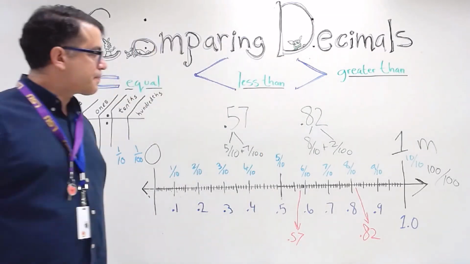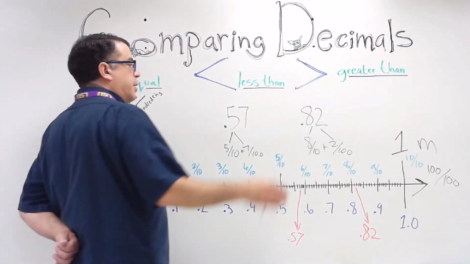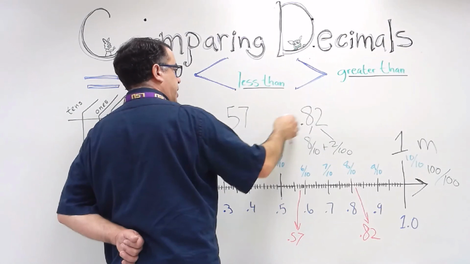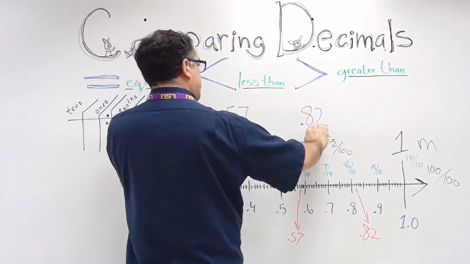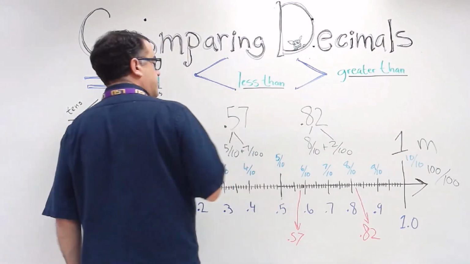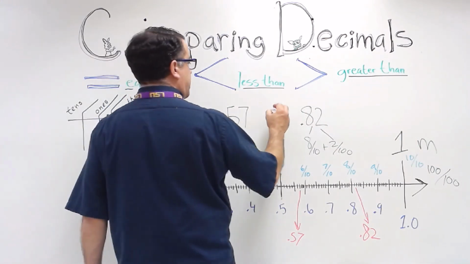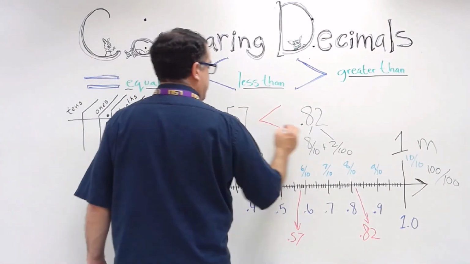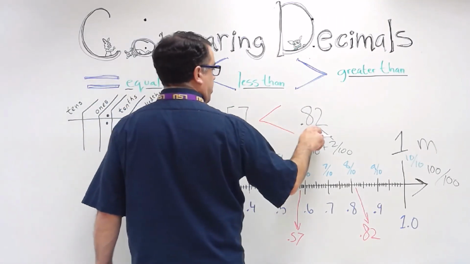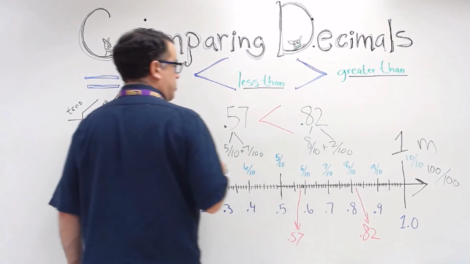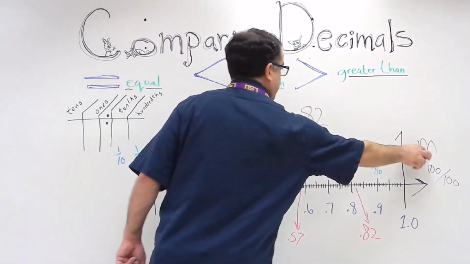Okay. Which one is bigger? Naturally, this one's going to be bigger. 82 is bigger than 57. When you're comparing hundredths, you can compare them almost by value without the decimal point. So we need a less than symbol to say that 0.57 is smaller or shorter than 0.82. And we can also think of it as meters too.